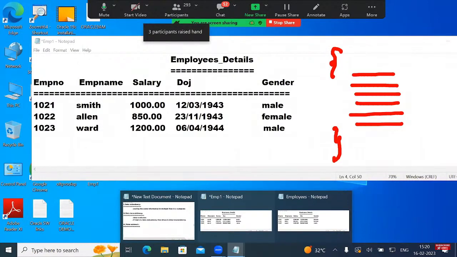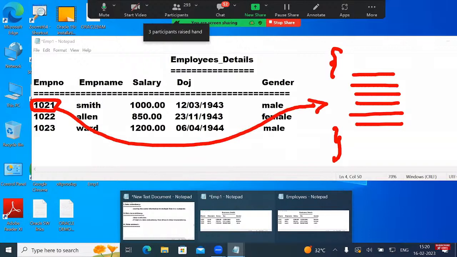Can you tell me it is complex? Complex means difficult. It's highly difficult to write a program for reading data. Even if you know this is only record 1021, to read it you need to write some program. Even if you need to read one character from a file, you have to write a program.